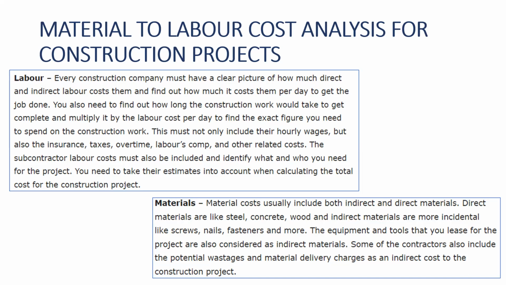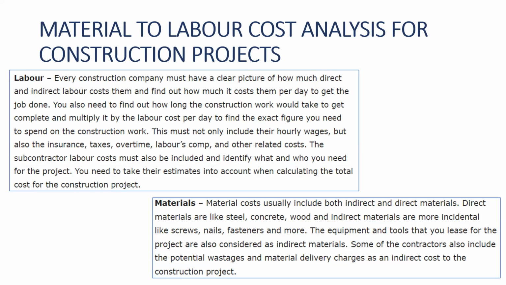In terms of material, the material costs usually include both direct and indirect materials. The direct materials are steel, concrete, wood, and whatever materials are directly involved with the project. Similar to labor, materials can be categorized as direct and indirect.